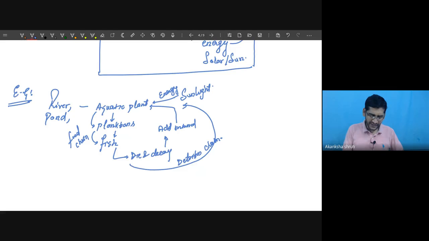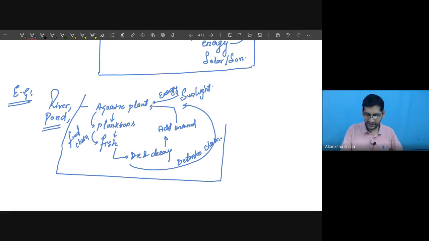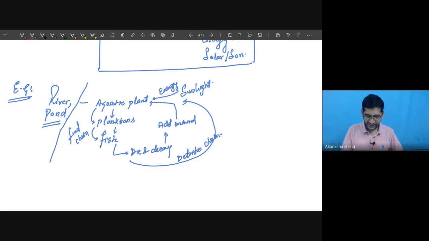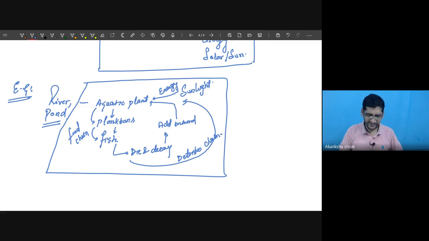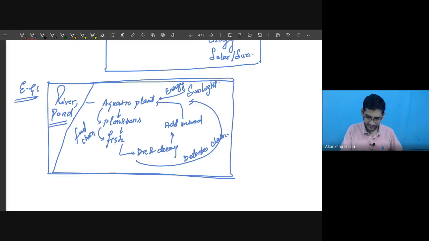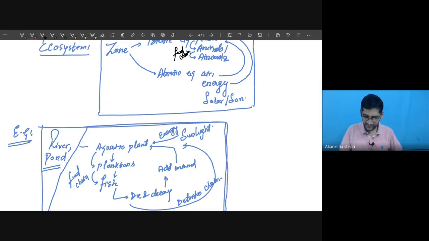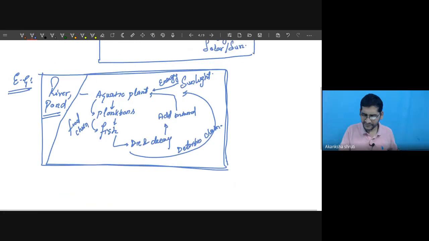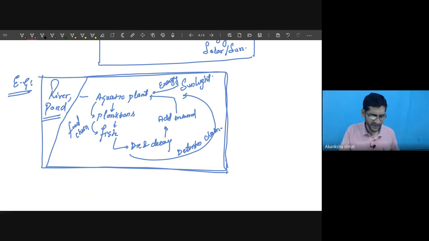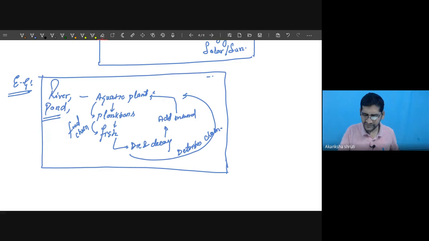So as long as the river or pond exists, this activity continues, with the sun adding energy. The sun is not inside this, but the sun is continuously adding energy.